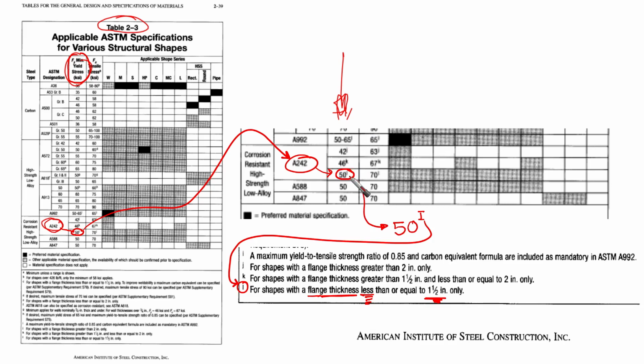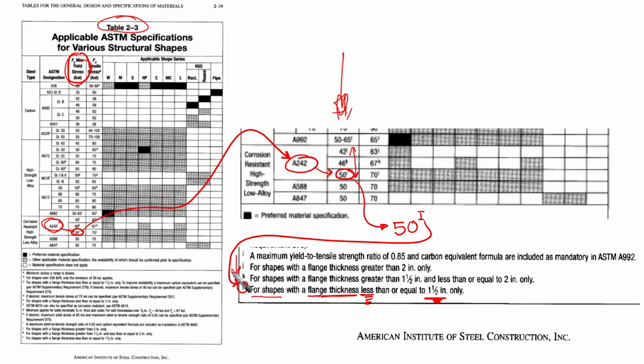You're going to find this one, which is 50 with the superscript i. This means that it applies to shapes with a flange thickness less than or equal to 1.5 inch, because these values are related to the flange thickness.